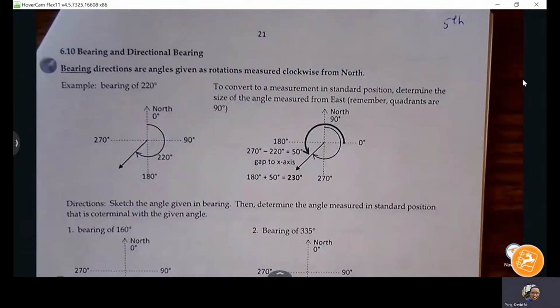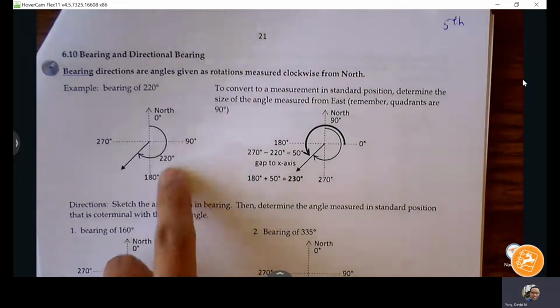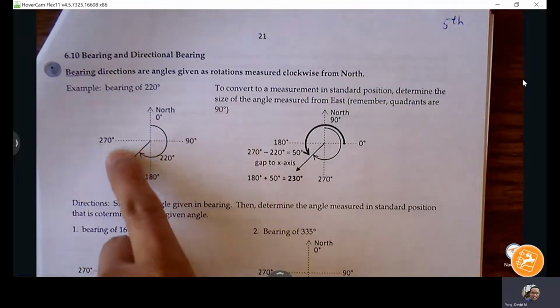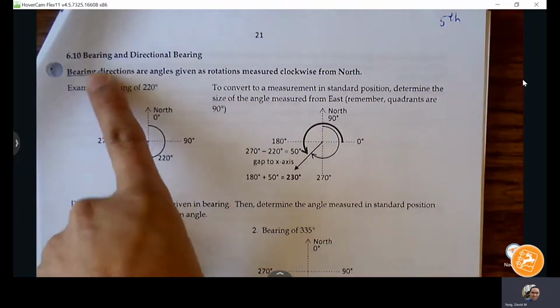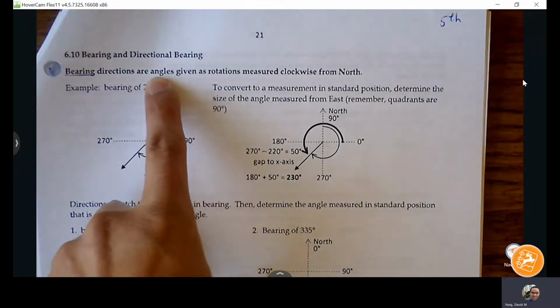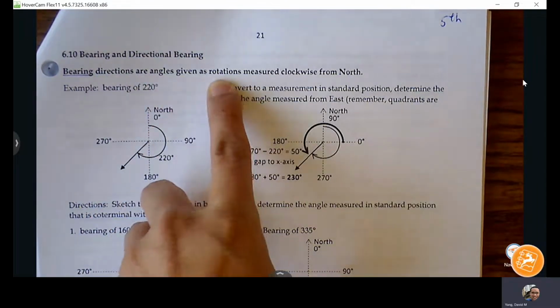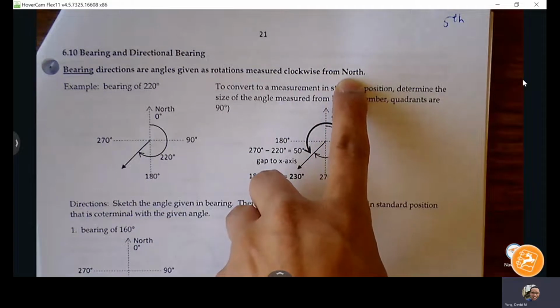Okay, so typically, whenever we talk about angle measure, we always start on the positive x-axis and then we move in a counterclockwise direction. But anytime we see the word bearing, bearing directions are angles where we're measuring clockwise and we're starting from the north.